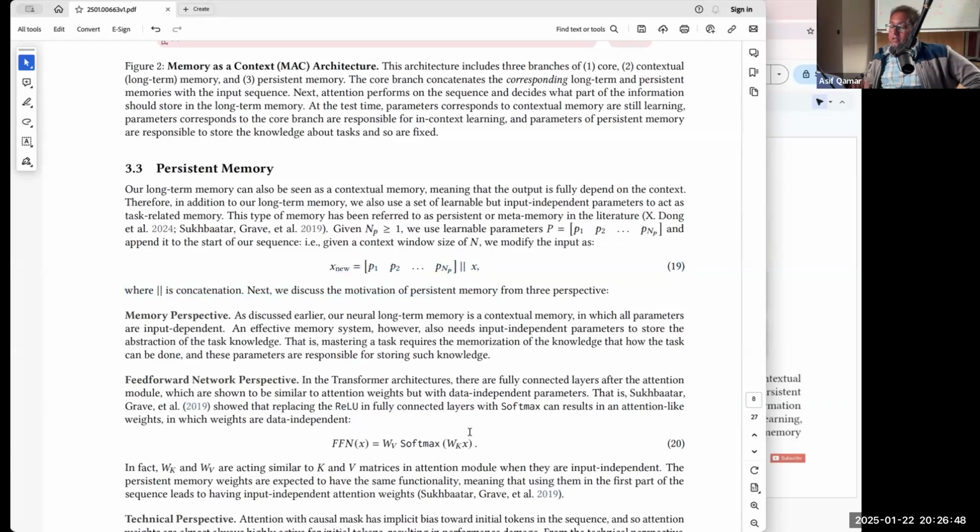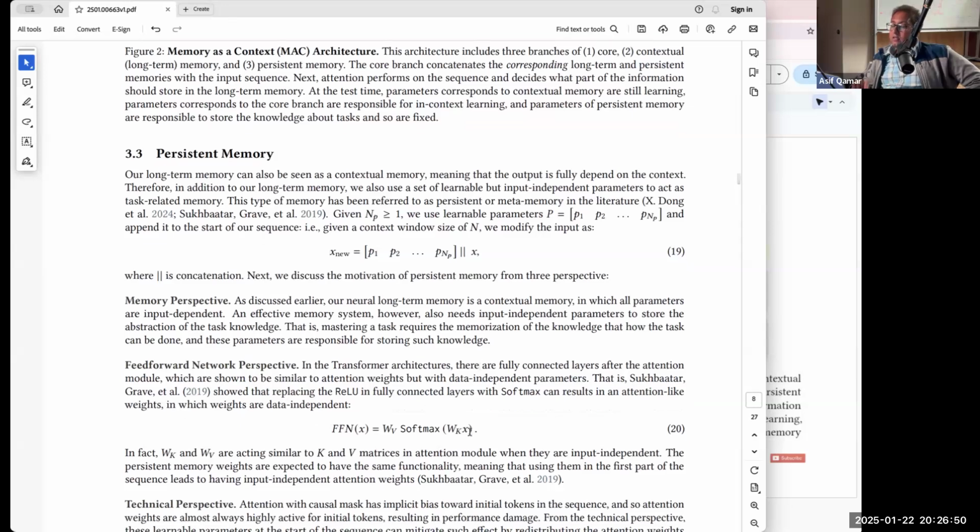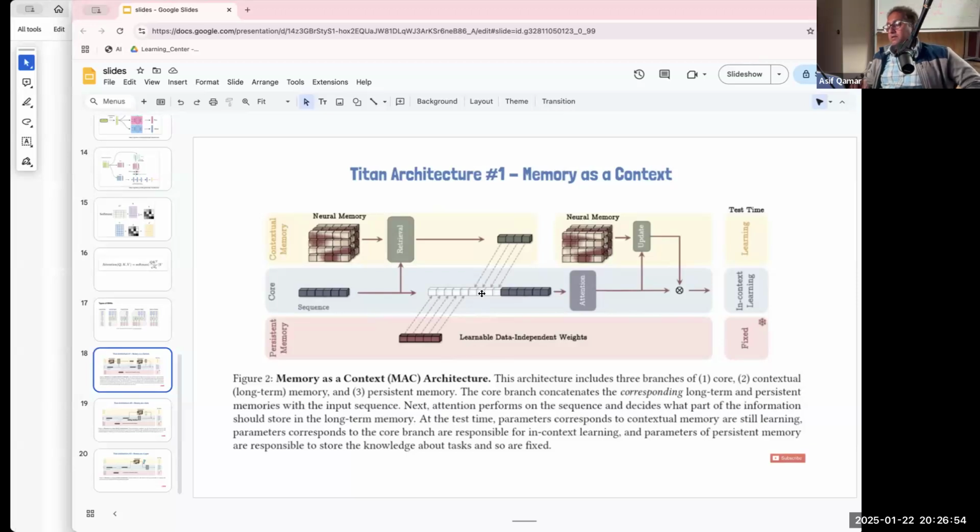And there is one thing I missed communicating, which is the sliding window. When you assemble this new input sequence, some of it is from the persistent memory, some from long-term memory, and some from the current sequence.